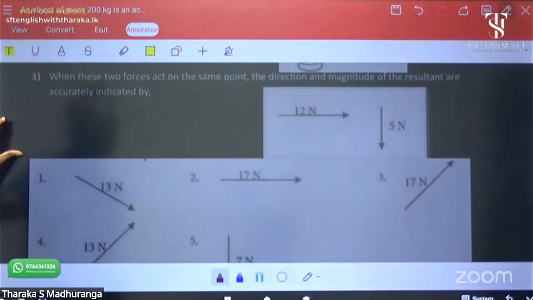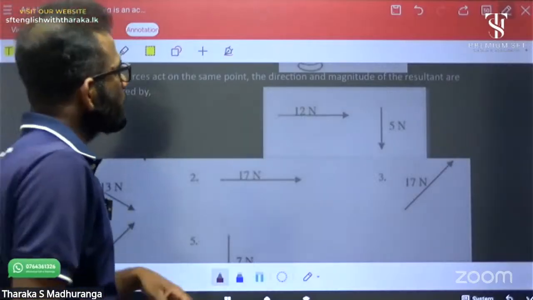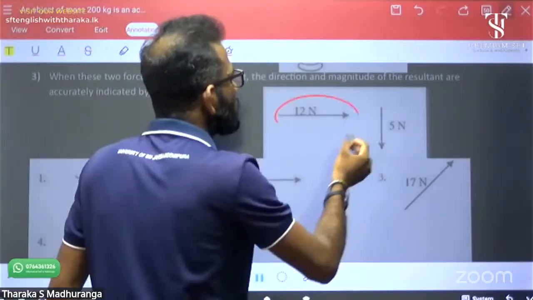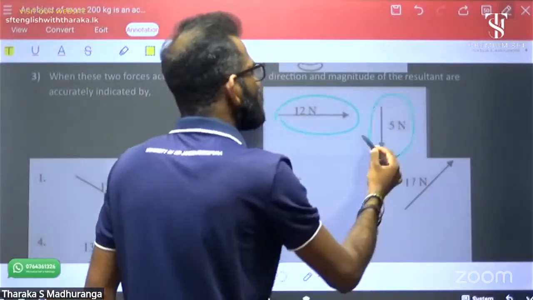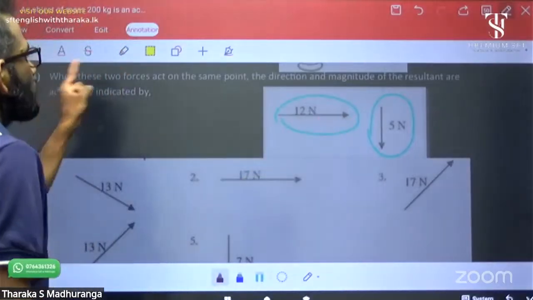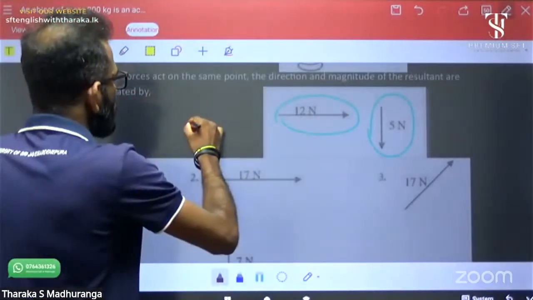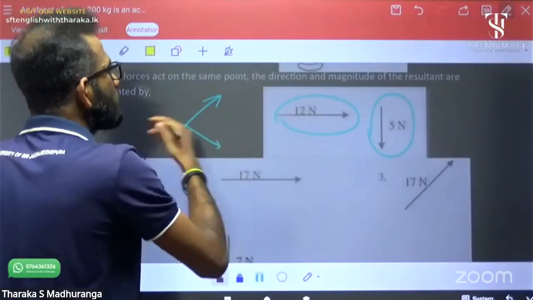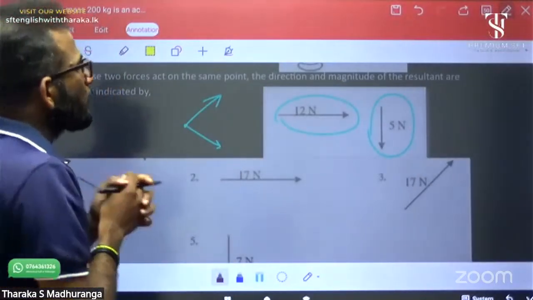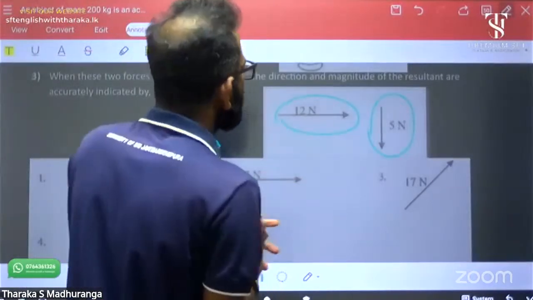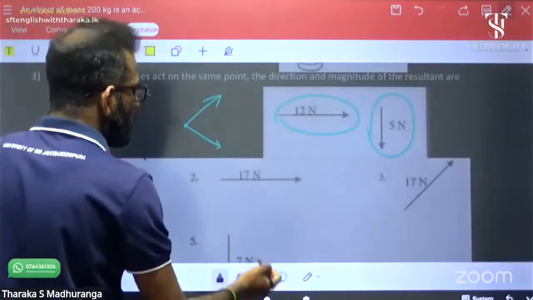When these two forces, 12 Newton and 5 Newton, act on the same point, think this is the point. Whatever direction 12 and 5 Newton are acting, the direction is given, right?